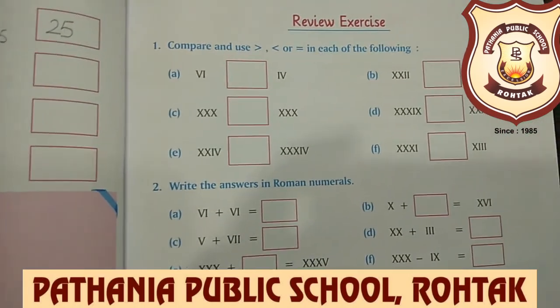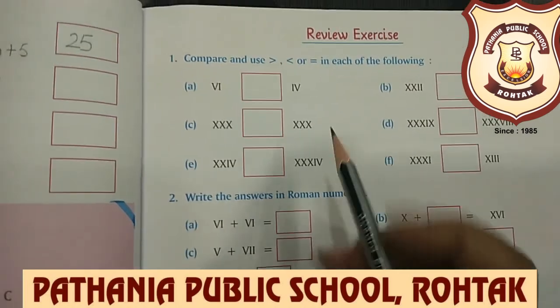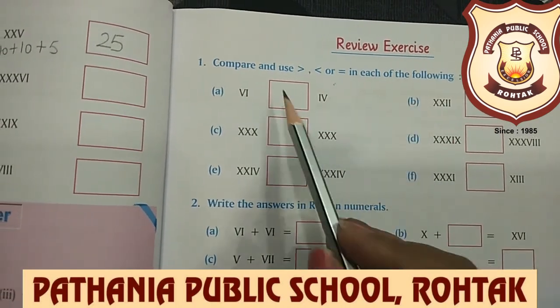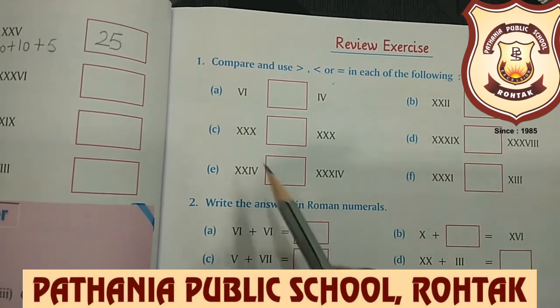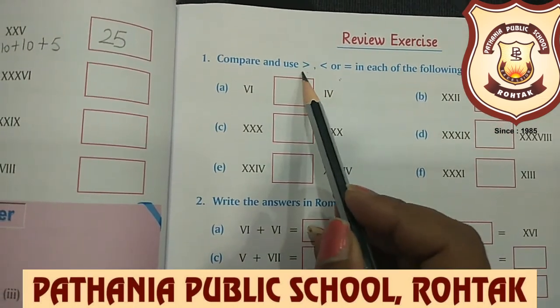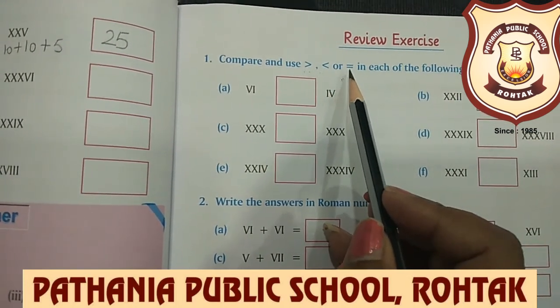Now this is the review exercise. Compare and use. See beta, signs are given to us and we need to fill these in the given questions. Now we know this is the greater than sign, this is the smaller than sign and this is the equals to sign.